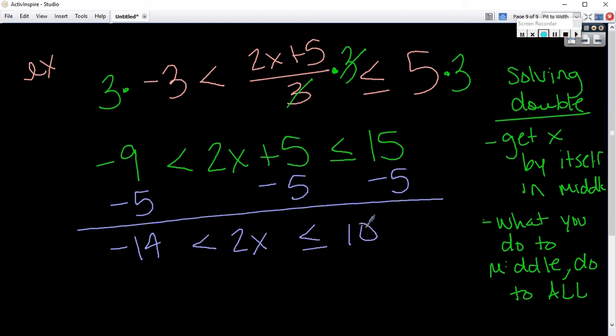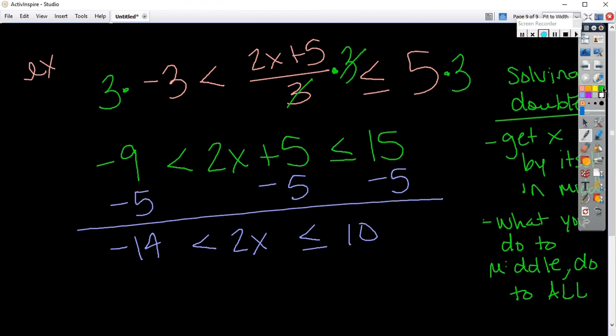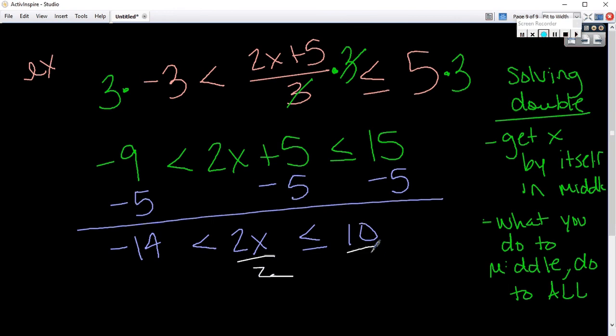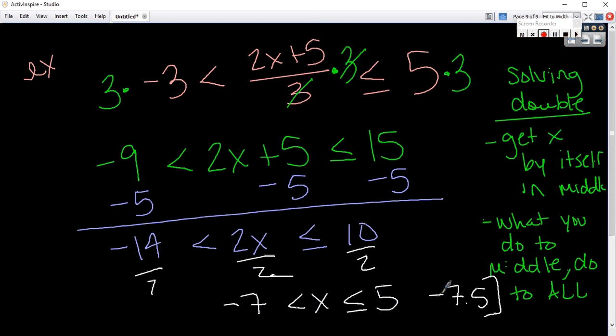Yes. And divide by 2. -7. What's that look like in interval notation? Yes. -7, 5. Bracket, and parenthesis here. Easy peasy.